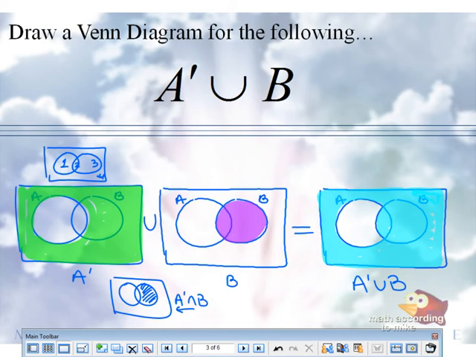Whatever the first one has, whatever the second one has, put them right on top of each other. Even if they have the same thing shaded, it's okay. Intersection says only shade what they have in common. So that says in English, everything that's outside of A or inside of B.